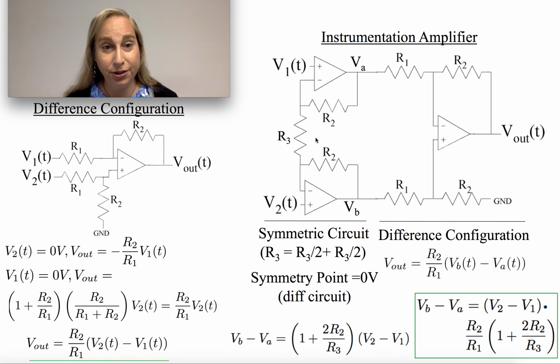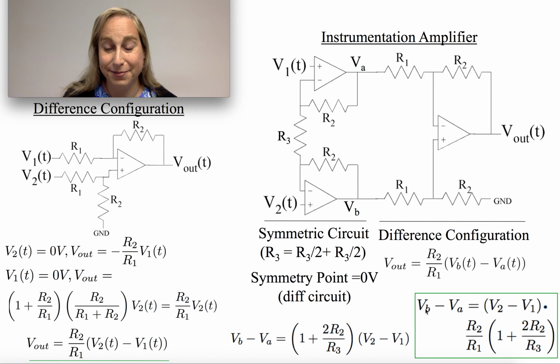If I look at that circuit, it is simply a non-inverting amplifier circuit, now being looked at for the differential input, because for differences, the point of symmetry will be sitting at ground. That makes for a fairly straightforward solution in terms of understanding what VA and VB are as a function of V1 and V2. It looks exactly like what you'd expect for the non-inverting configuration, assuming that this is actually cut in half.